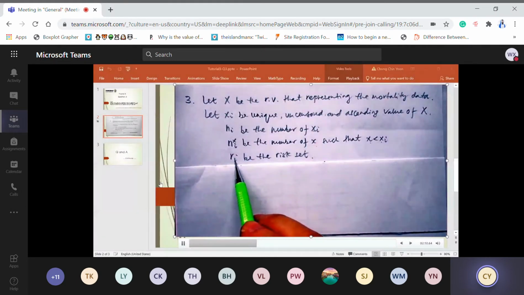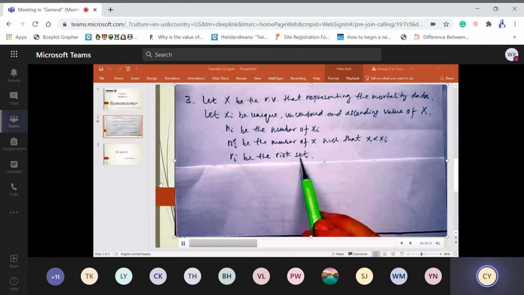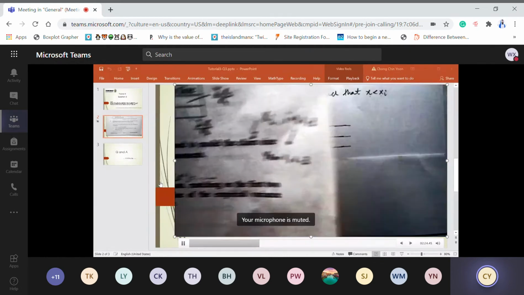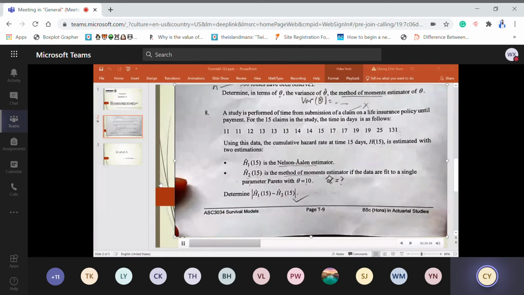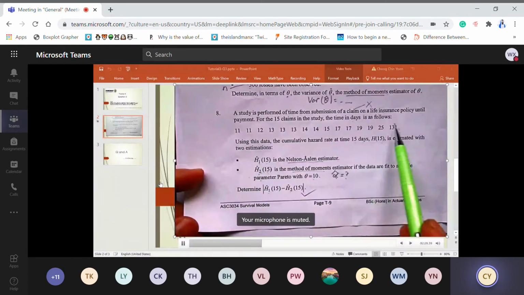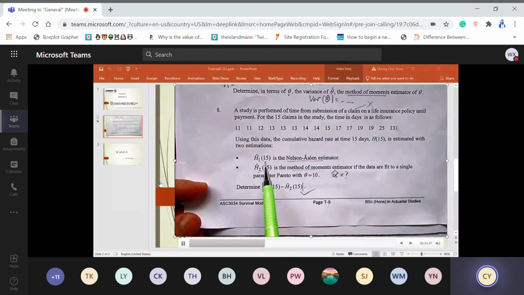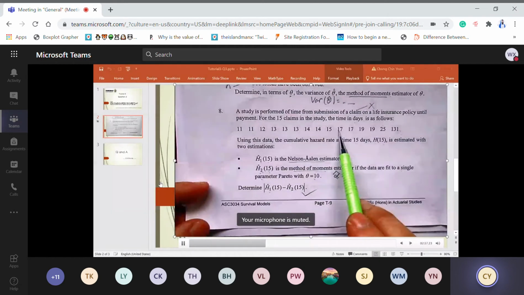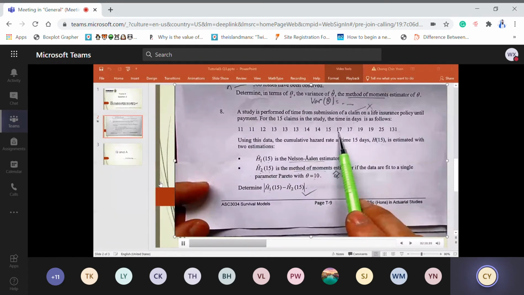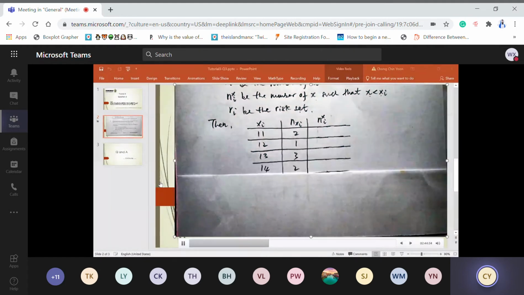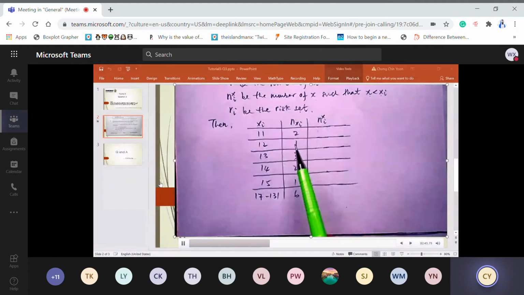And let Ri be the risk set. Then we have the following chart. So we try to place the data inside the chart. And since the question is focused on 15, we can arrange the 17 onwards as a group. So we have this result.